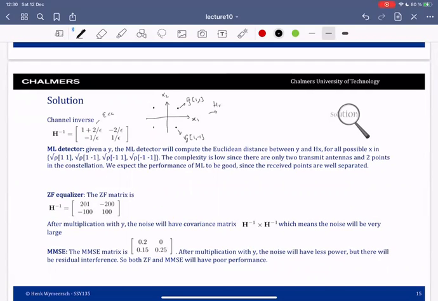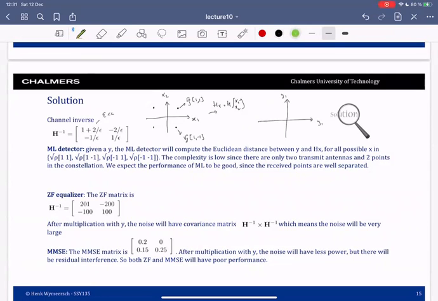So these are the possible x's, and then what happens after the transmission over the channel, we have hx, which is h times (x1, x2). Then we have our observation domain, which I call y1, y2. So let's first look at the noise-free observations. Where could those end up?